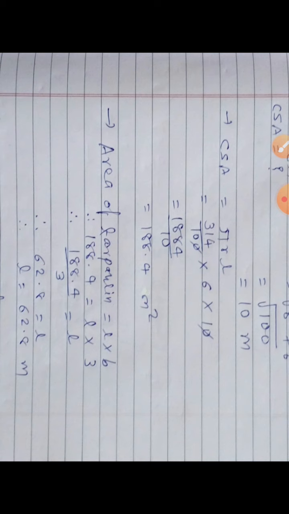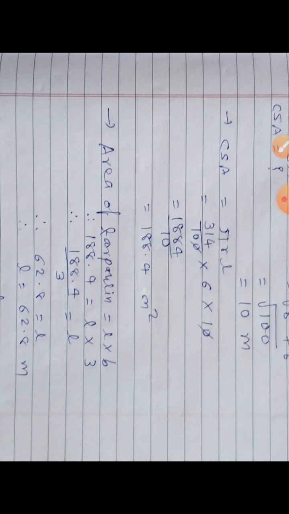In the first formula pi r L, L is for slant height, and here L is for length. So that area is used in the area of a rectangle. Area of tarpaulin means area of rectangle is equal to L into B. So it becomes 188.4 equal to L into 3.